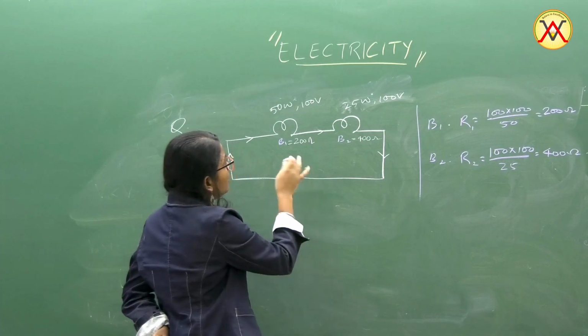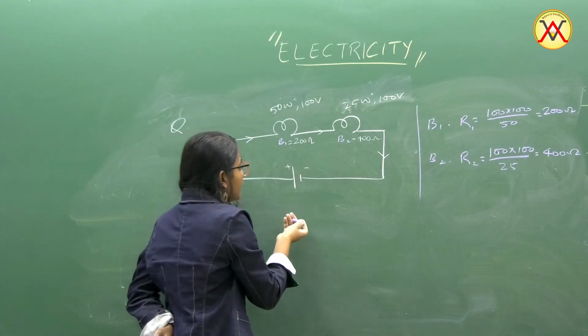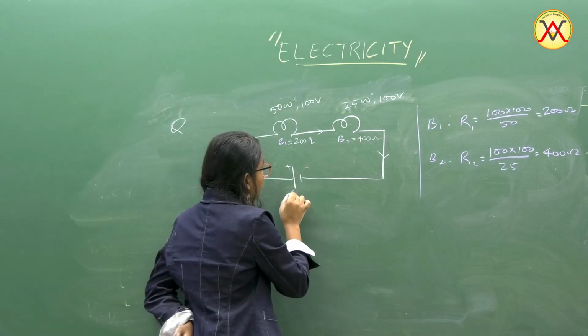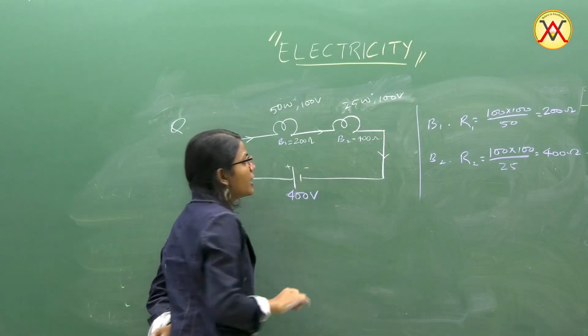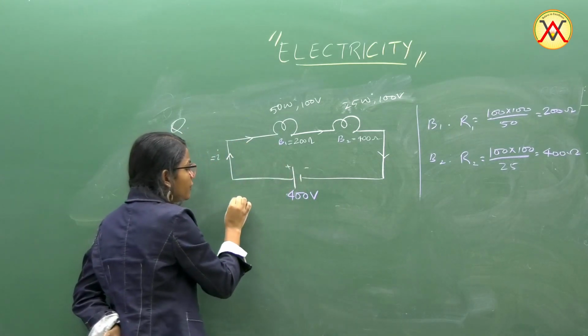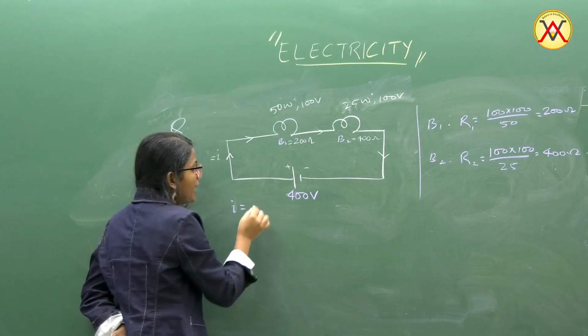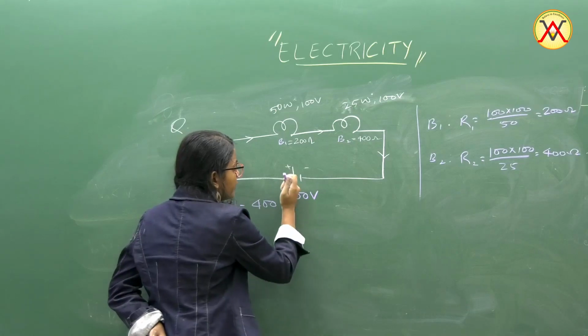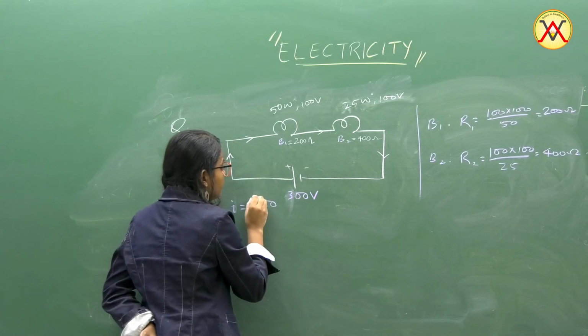Let's suppose now we are giving them a potential difference of 300 volts.